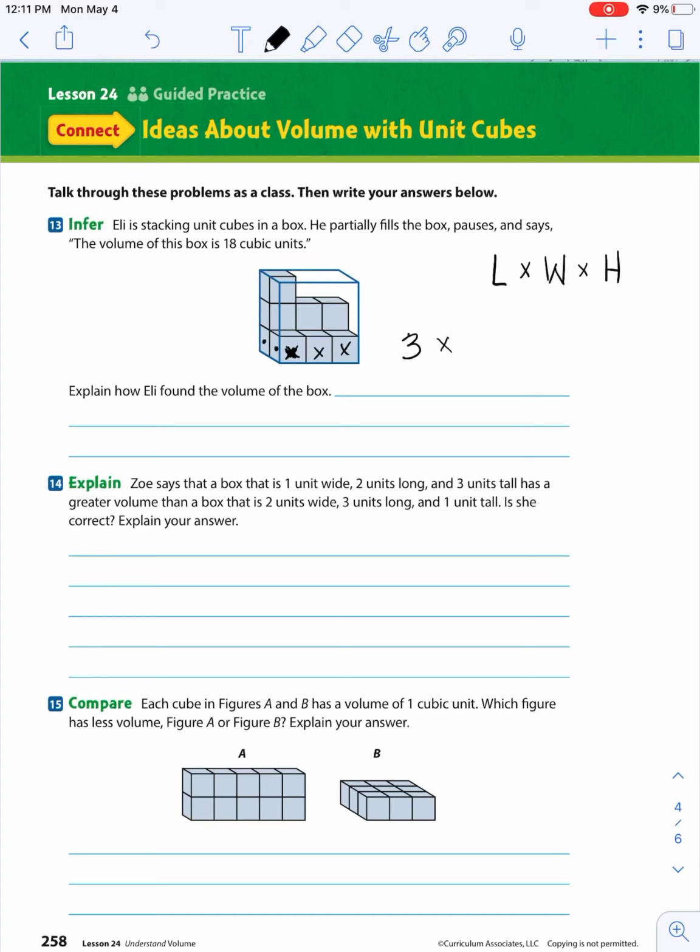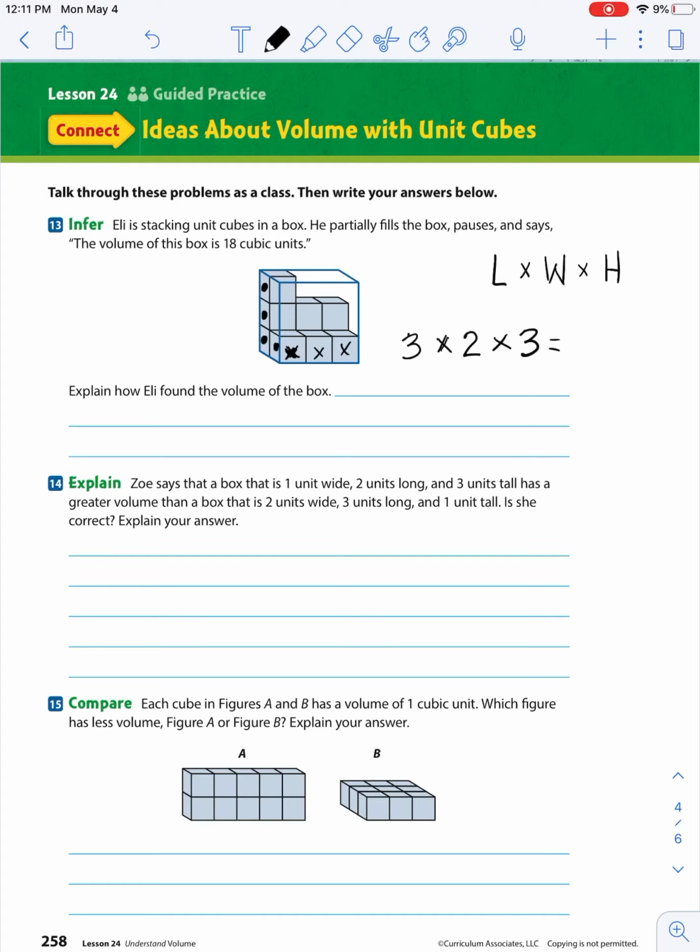So he can fit 2 rows front to back. Okay, so there's our width. Does he have how tall it is? 1, 2, 3 cubes tall. So Eli can pause and figure out the volume of his box here without even finishing filling it, because he knows the dimensions of the box.